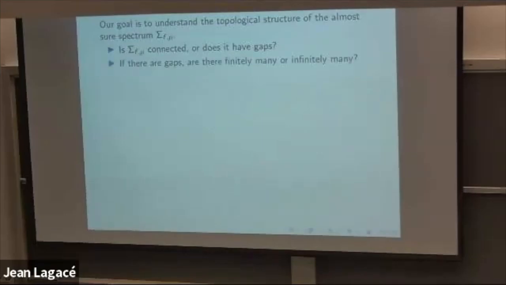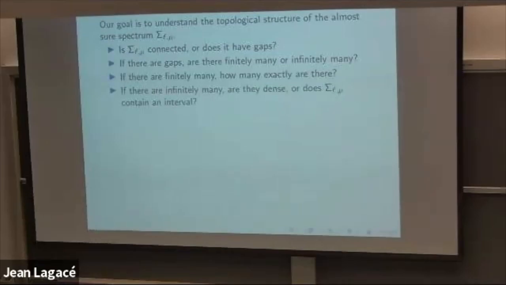But sometimes, of course, there are gaps. And then you can ask yourself, are there finitely many? Are there infinitely many? If there are finitely many, how many? And if there are infinitely many, there still are two interesting cases. One is where the gaps are dense, as it is now known to be the case in the almost Mathieu operator scenario. And there may also be cases where they are not dense. So the spectrum, even though there are infinitely many gaps, could contain an interval.